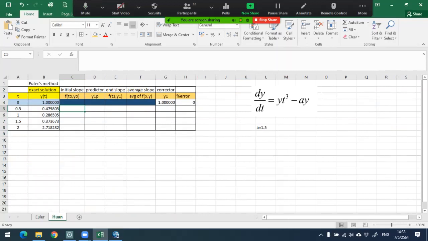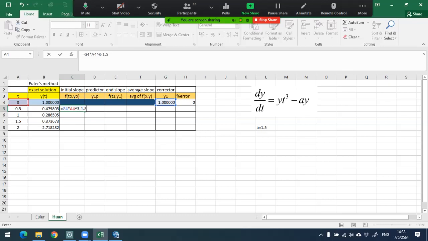Okay, then what is this? It should be equal to what? It is equal to y multiplied with t, the previous step also, to the power 3, minus 1.5.